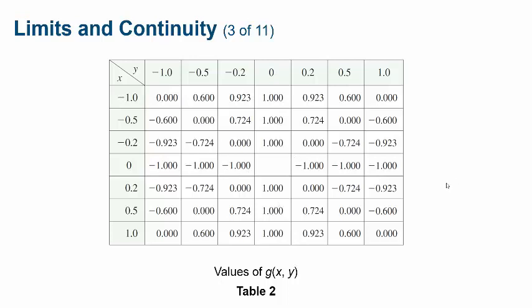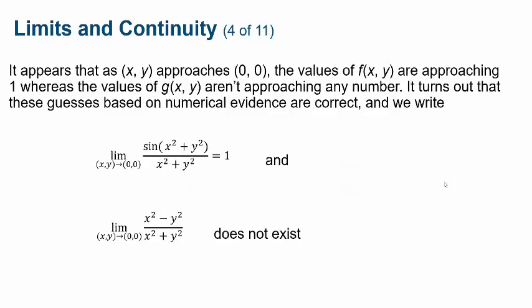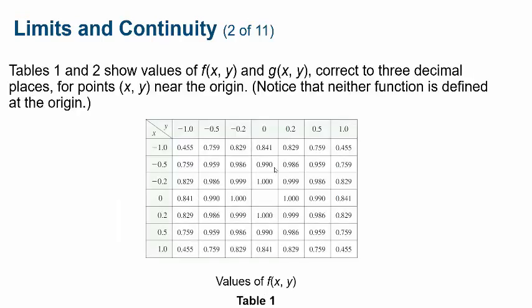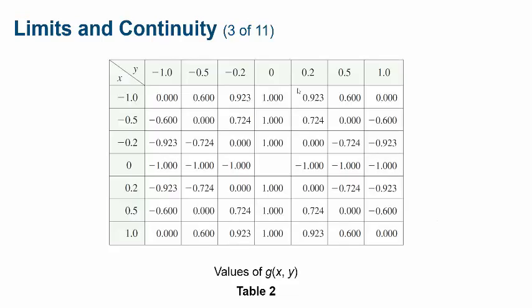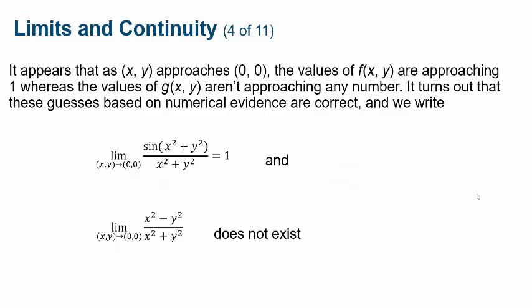It just doesn't look like it's going to work out. So it appears that as x and y approach 0, 0, the values of f of x, y are approaching 1, both approaching 1, and g of x, y aren't approaching any number.